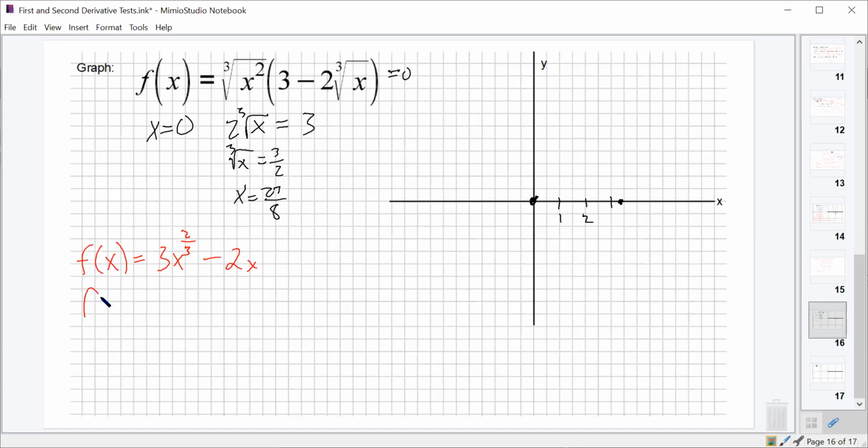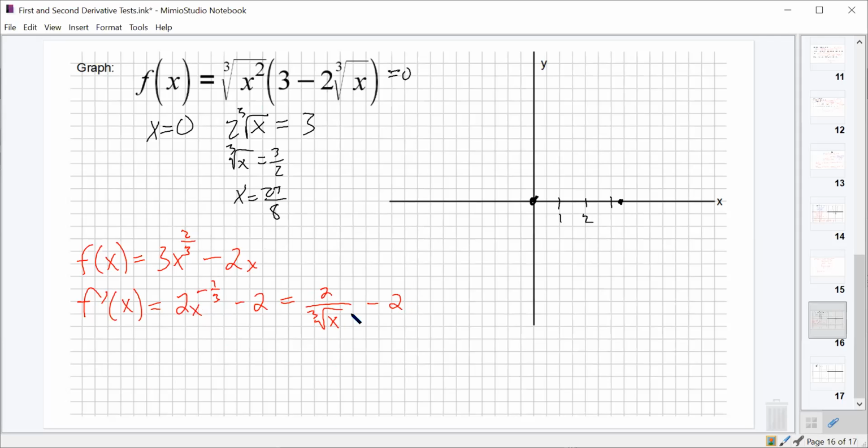All right, so we got f prime of x is equal to what? 2x to the negative 1/3 minus 2. Yeah? Or 2 over the cube root of x minus 2.